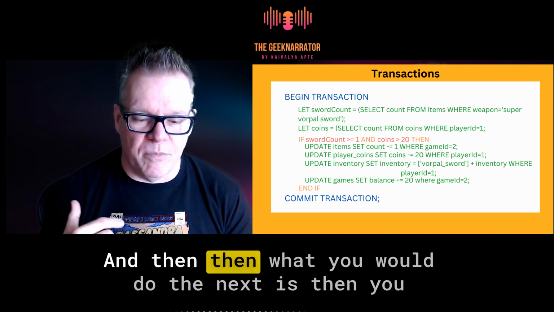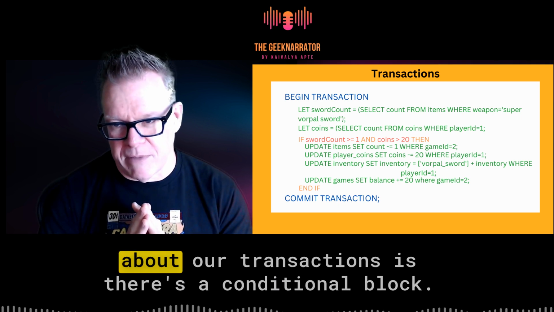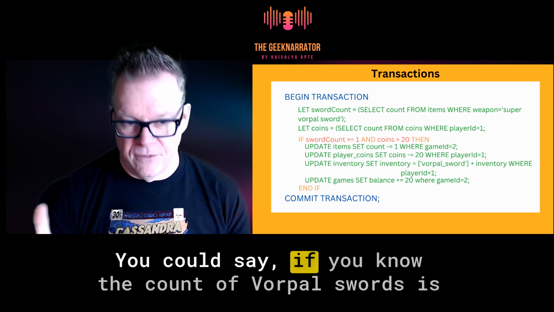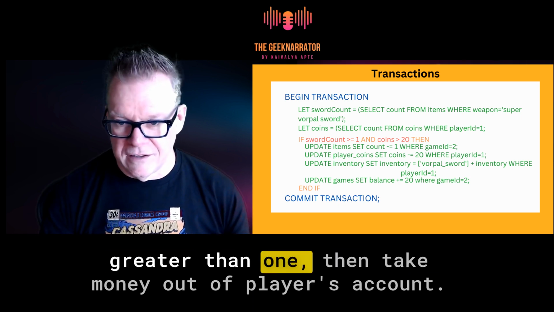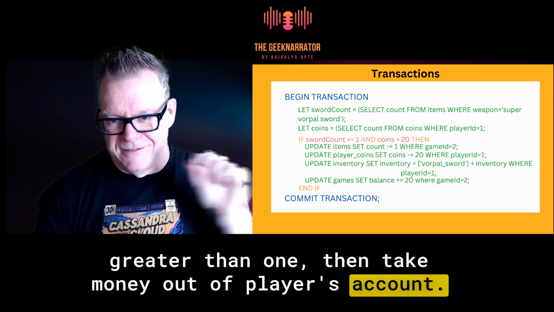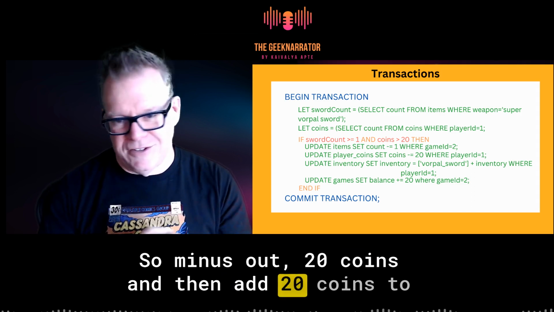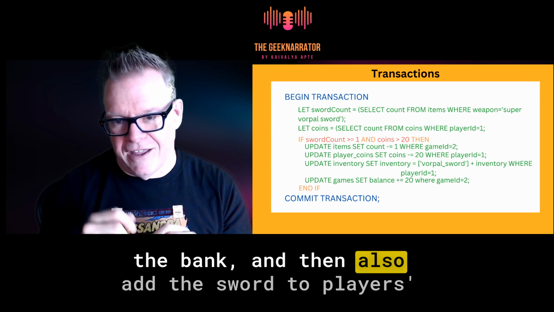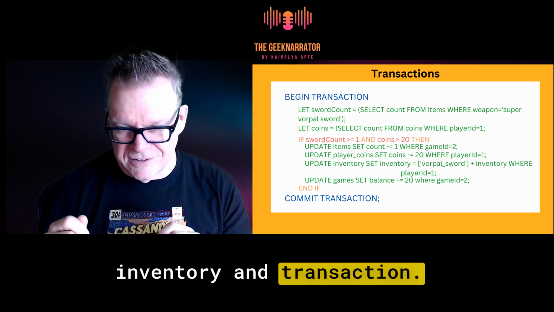Then the next thing you could do, and probably the best feature about our transactions, is there's a conditional block. You could say: if the count of vorpal swords is greater than 1, then take money out of the player's account, so minus 20 coins, and then add 20 coins to the bank, and also add the sword to the player's inventory in the transaction.